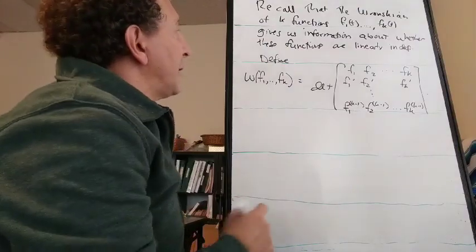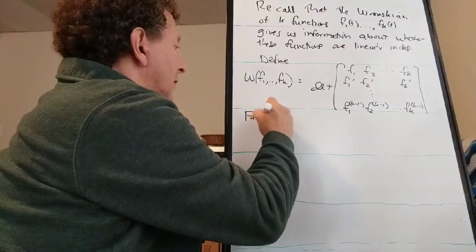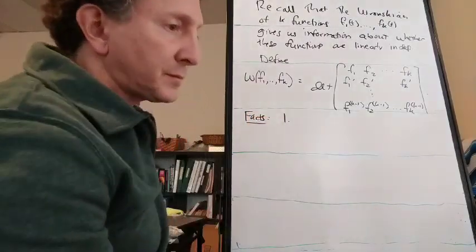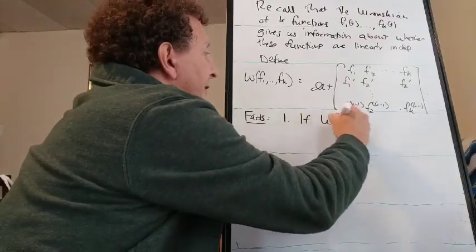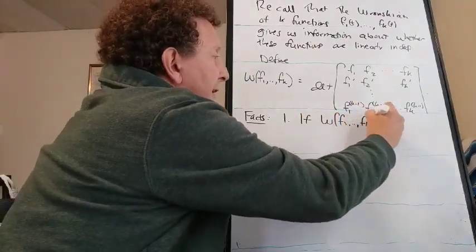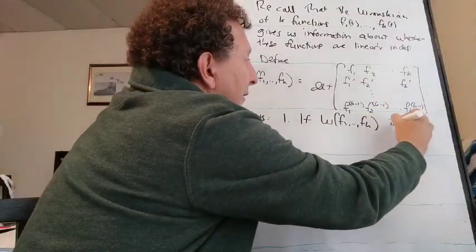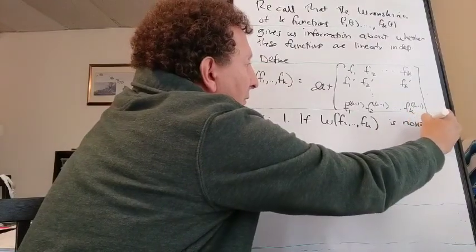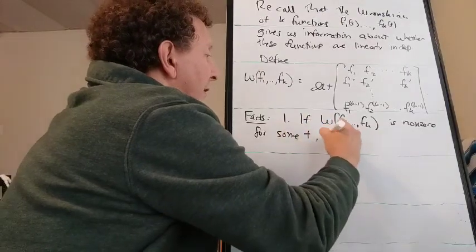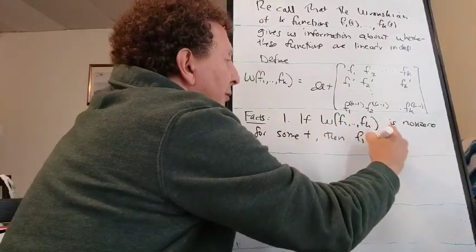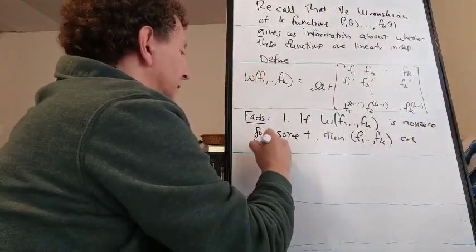So we learned two facts about this Wronskian. One fact is, if the Wronskian of f1 through fk is non-zero for some t, then f1 through fk are linearly independent.